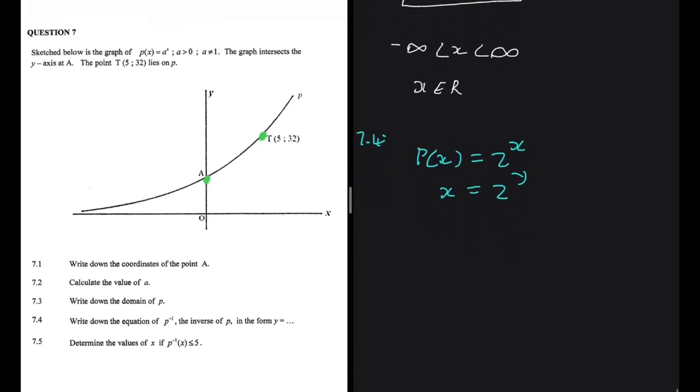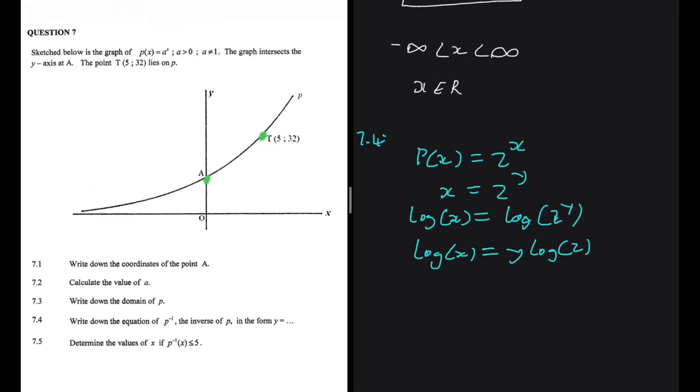If we do that, we're going to get log of x being equal to log of 2 to the power y. On the left hand side we still have log of x, and on the right hand side we can drop the exponent, which is y, because we've introduced log, right? So we're going to have y multiplied by log of 2.